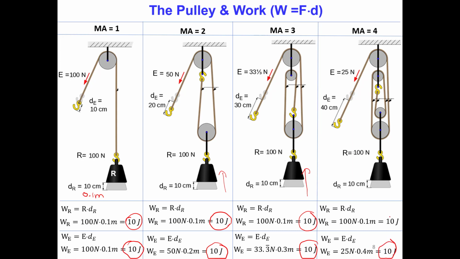And again, the work done by the resistance and the effort are the same. However, using this pulley system, the effort is reduced by 4. Yes? Instead of applying 100 newtons, you just need to apply 25 newtons.